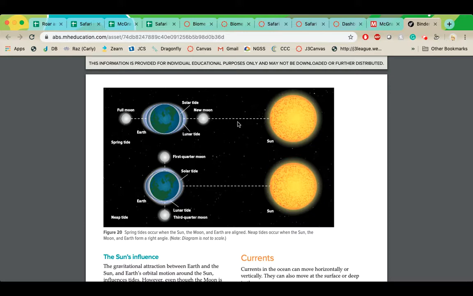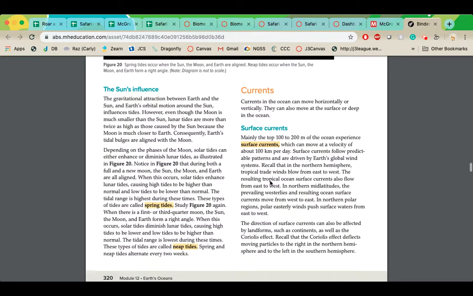You can get a larger tide, sometimes called a king's tide, where you can get a very high tide. And you can have some lower tides when the moon is perpendicular with the sun. So those are different types of tides that you can have.